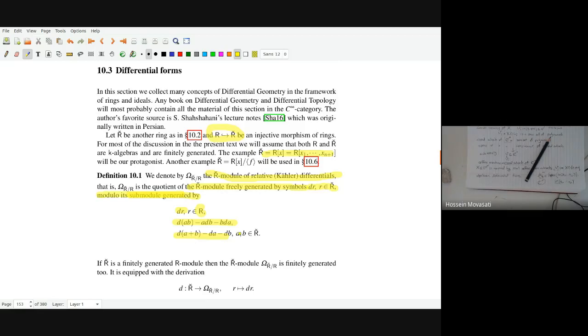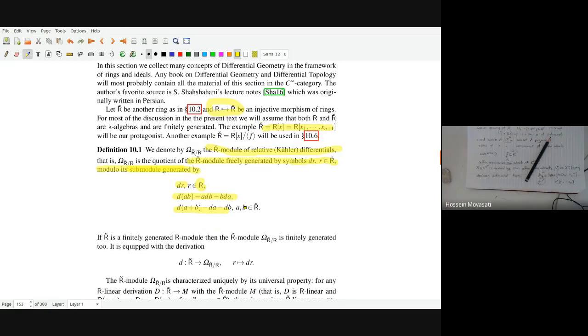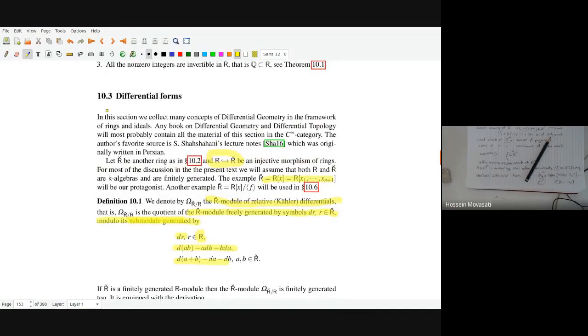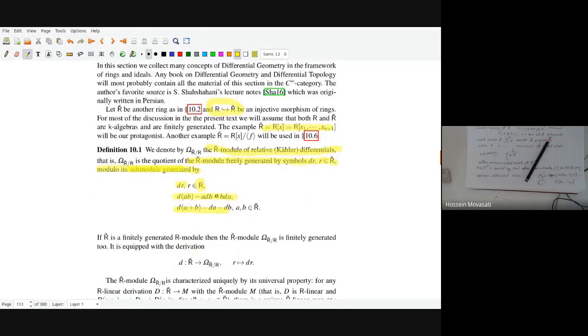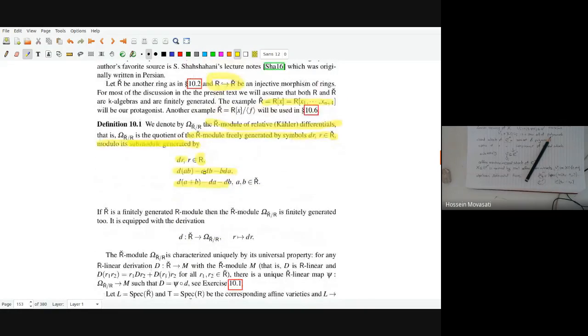And okay, it turns out that this purely algebraic definition of differential forms is enough for our purpose, and at the end it will give us the concept of differential forms when we consider our varieties as complex manifolds. Anyway, I'm talking about section 10.3 of my own book. You can also find some part of this exposition in the Hartshorne book.